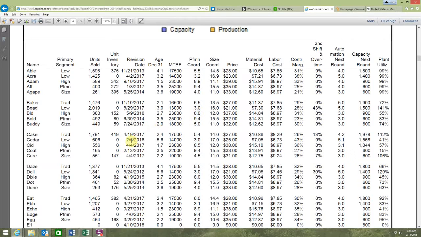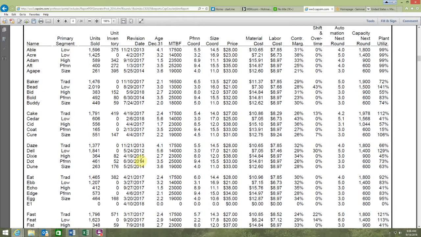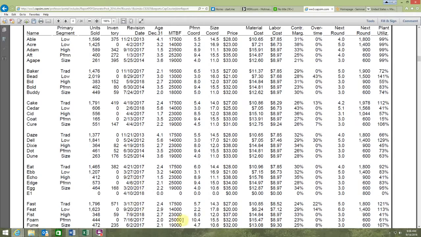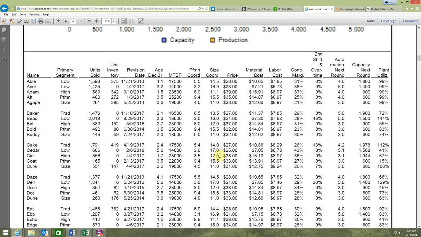And we see Team Baker did that, Team Chester did that, and it looks like Team Ferris did that as well, creating a little bit of consternation. You have to be a little bit wary about those revision dates. You do not want to revise products more than a year out, and your guide tells you this, but I'll repeat it.